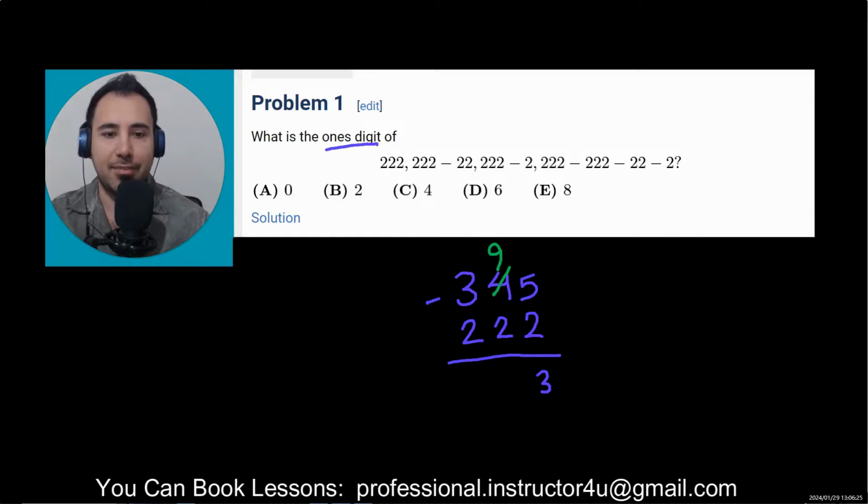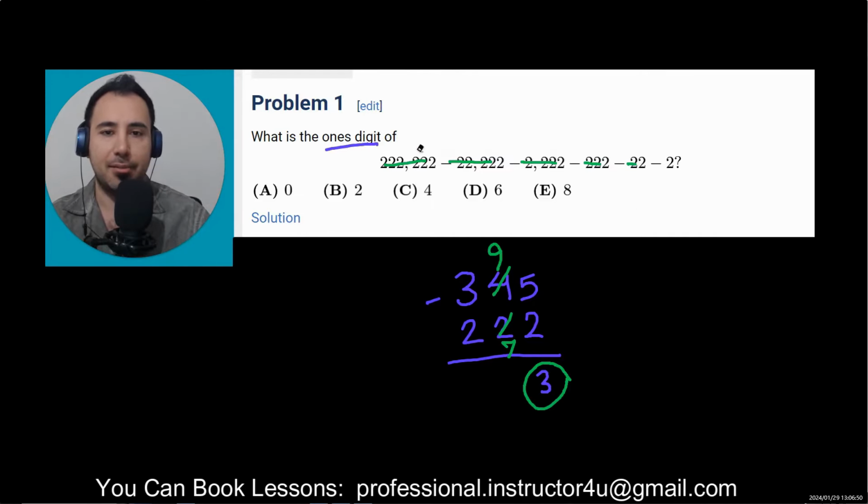No. If I change this into another 7, no. So as long as we care about the ones digit, we shouldn't care about these other digits. We just care about the ones digit in each number.